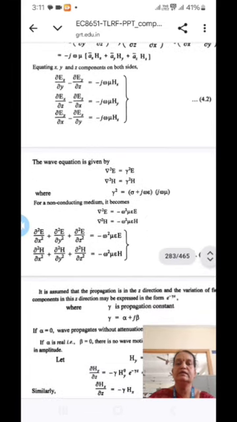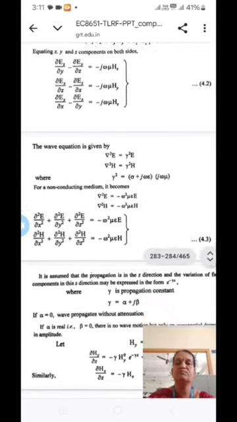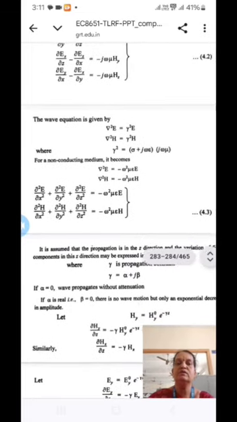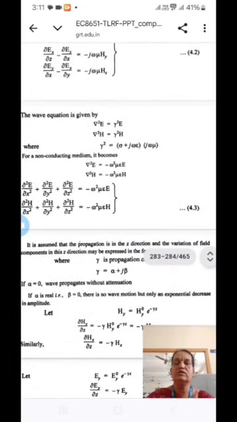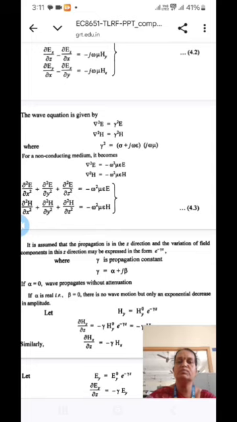The next one is the wave equation, given in second order form: del square E equal to gamma square E and del square H equal to gamma square H, where gamma is the propagation constant, considered in terms of sigma, omega, epsilon.